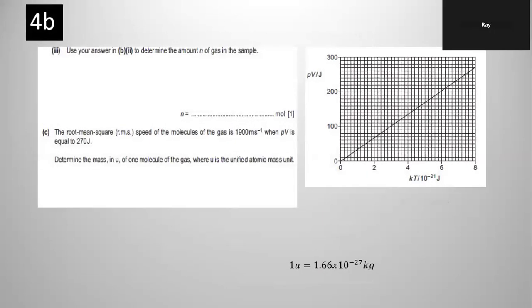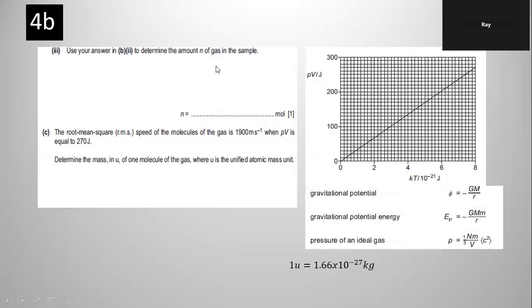Use your answer in B part 2 to determine the amount of gas, the amount n of the gas in the sample. That is your formula sheet.